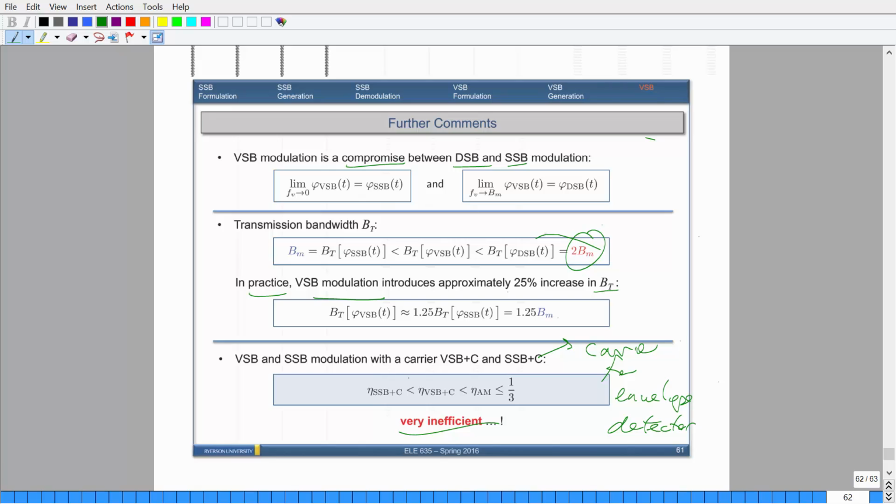If you decided to add a carrier with your single sideband, it's actually even worse than just considering amplitude modulation, where the maximum efficiency is a third. So it's still quite inefficient, even if you add a carrier and use an envelope detector. So that's why you want to use coherent demodulation to detect these signals.